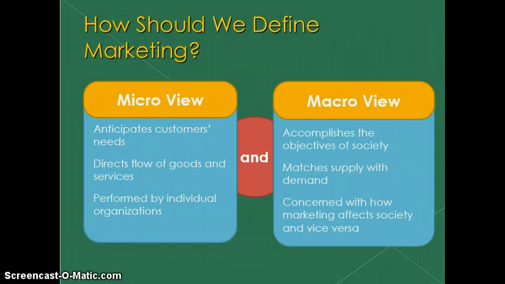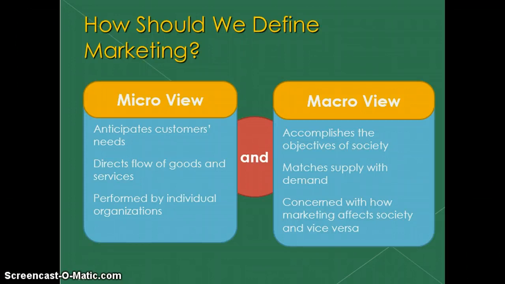And when we look at the micro view versus the macro view of marketing, as we mentioned before, marketing is more than just selling, more than just advertising, but you want to be careful not to define marketing in too broad a terminology or category. There are really two alternative views in marketing when you define it, and that's the micro and the macro view.